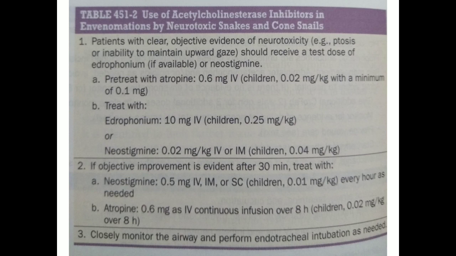Whenever you are in your emergency department, you should try to identify the snake. If you are not in a position to identify the snake, at least you should be able to identify the clinical manifestations of snake bite and serious envenomation, and you should be ready to treat the patient with anti-snake venom.